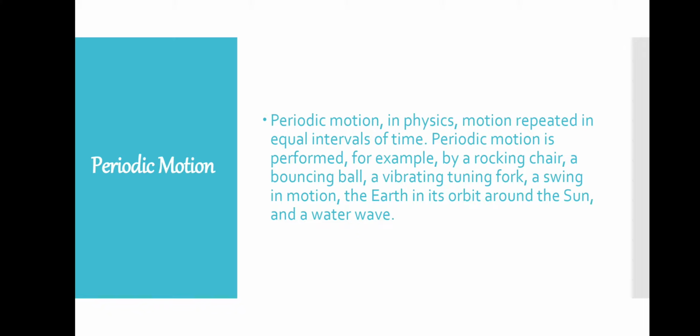There are different types of periodic motion, and the type I'm going to be discussing today is simple harmonic motion. Simple harmonic motion is an example of periodic motion, yet what differentiates it from the other examples is that in simple harmonic motion, the force must act towards the equilibrium position, must be directly proportional to the displacement, and must be in the opposite direction of the displacement.